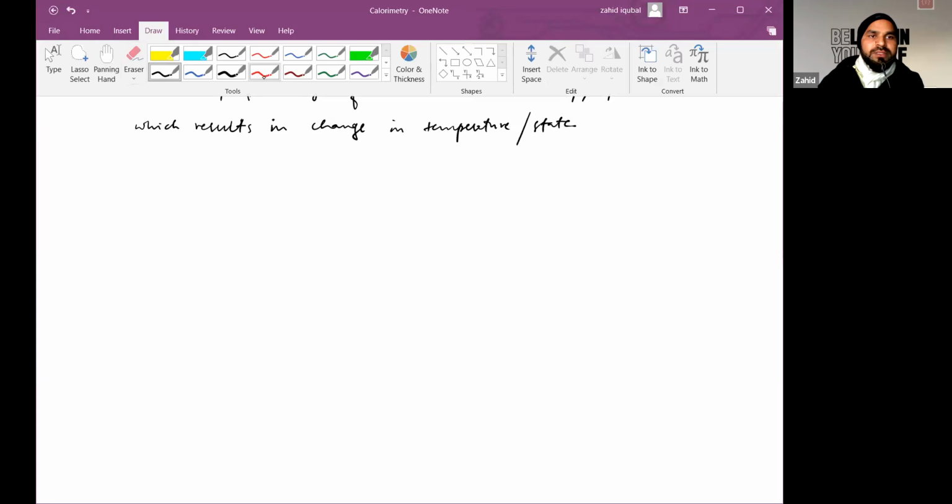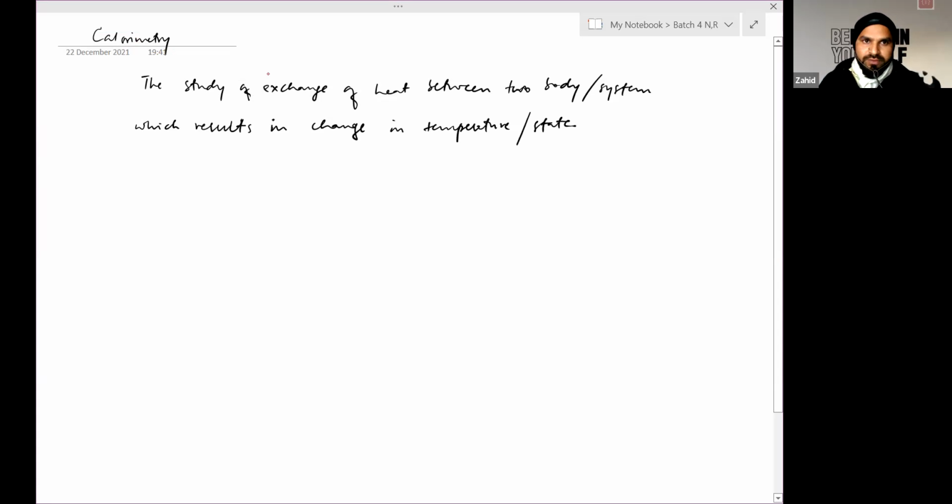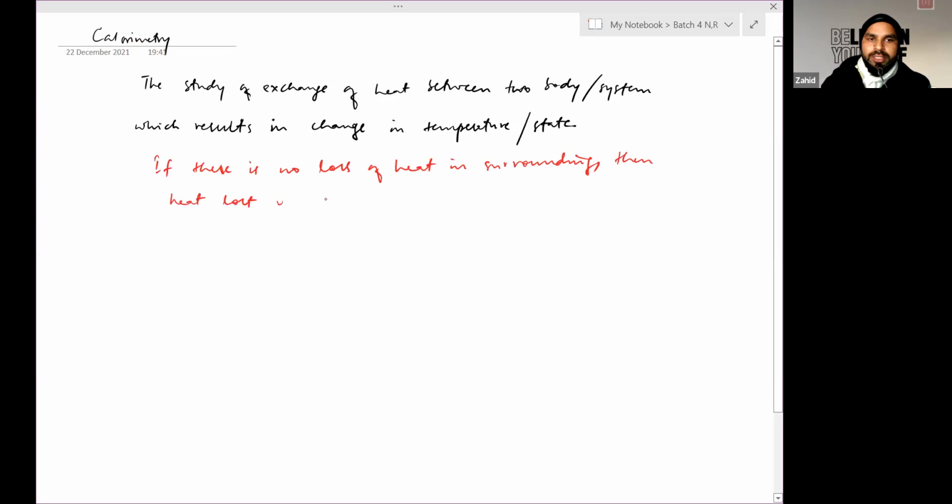So according to conservation of energy, if there is no loss of heat in the surrounding, then according to the principle of calorimetry, we may write that heat lost by one body must equal heat gained by another body.